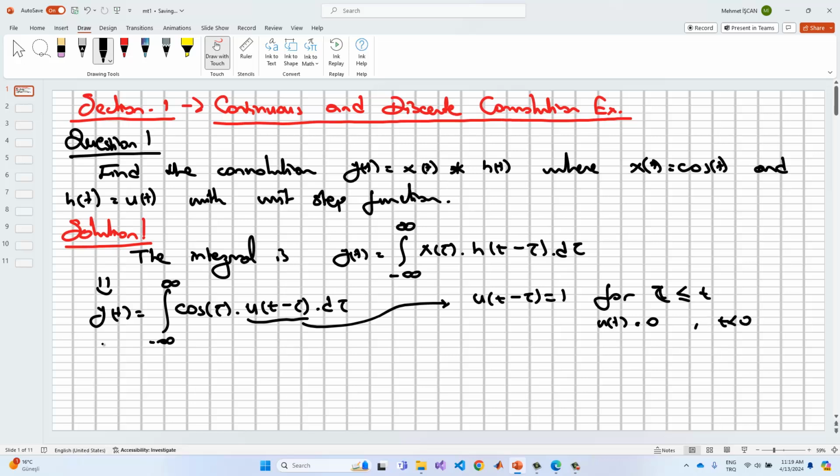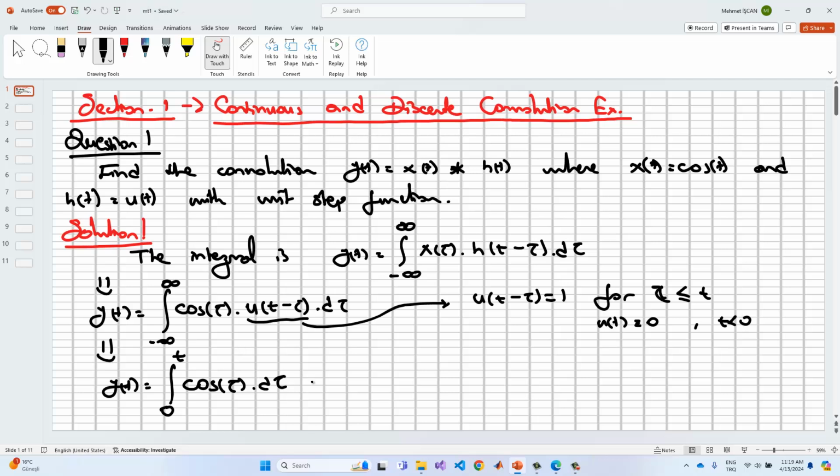So this simplifies: y(t) is the integral from 0 to t, because we have the condition tau is smaller than t, of cos(tau) d tau. The lower limit is 0, because u(t) is 0 if t is smaller than 0.